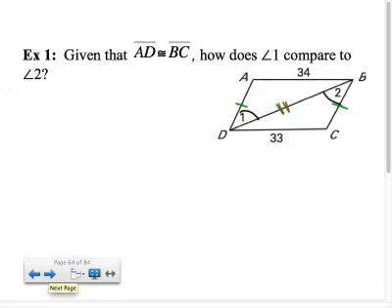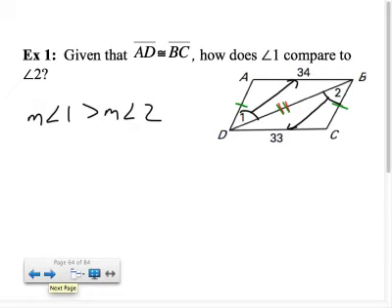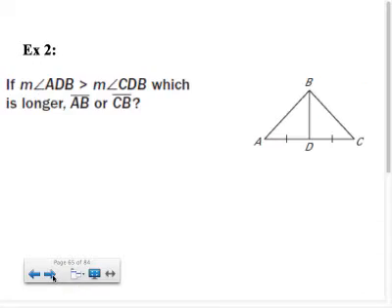The side across from angle 1 is 34, and the side across from angle 2 is 33. So the measure of angle 1 has to be bigger than the measure of angle 2, strictly because 34 is bigger than 33. That's the converse of the hinge theorem. The length of the third side is longer, which means the angle has to be bigger.